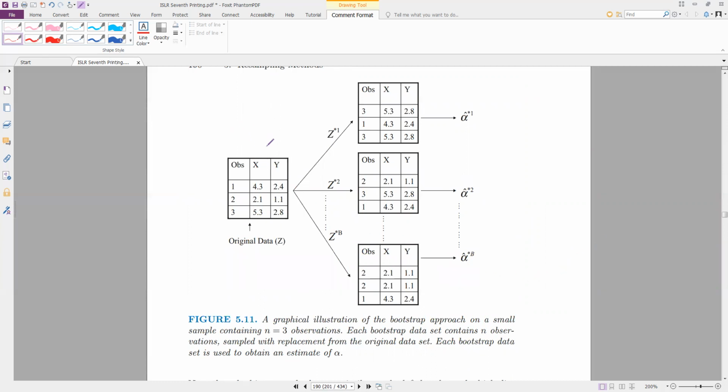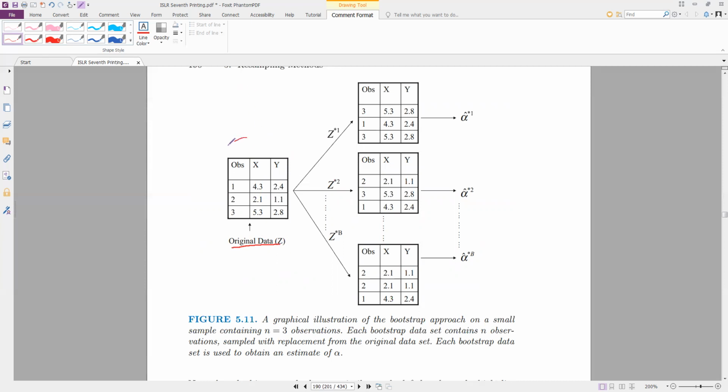Now, let me just redraw my graphic from earlier. What would be the ultimate idea here? Well, the ultimate idea would be that this is not sample data, right? That would be the best. If this was not sample data and this was population data, that would be really good, right?